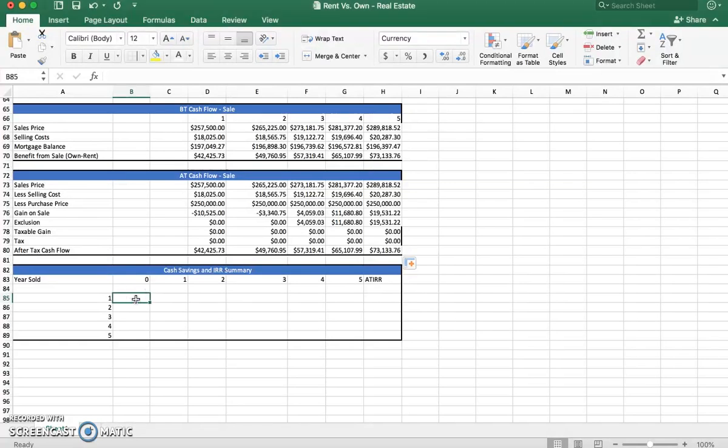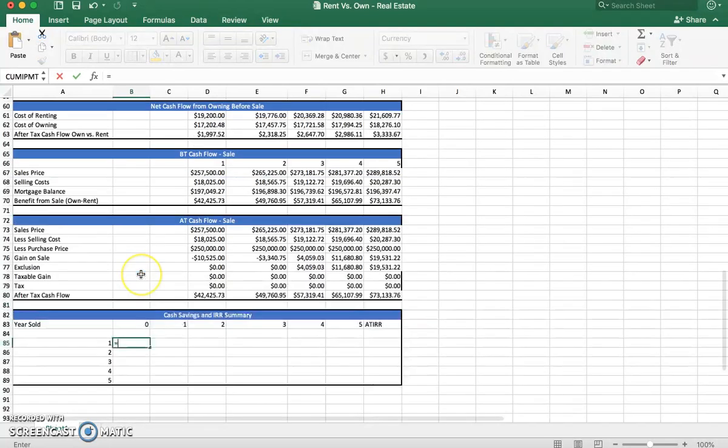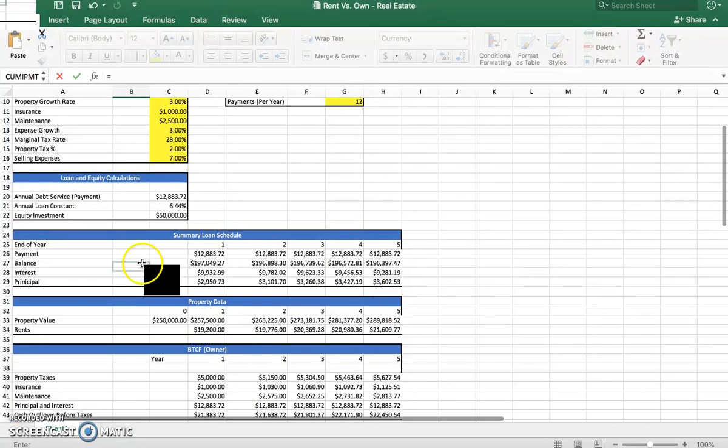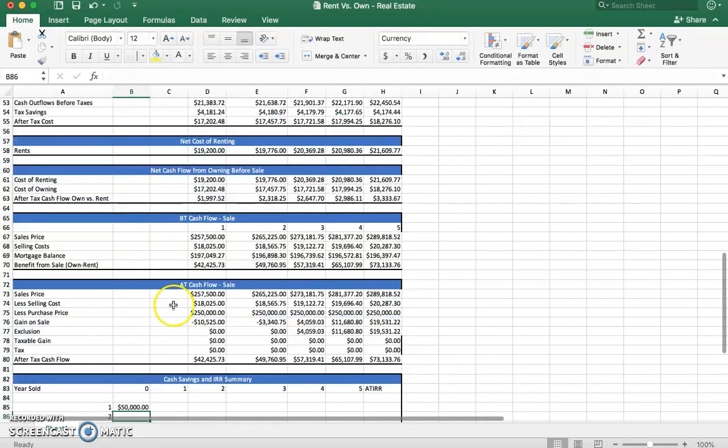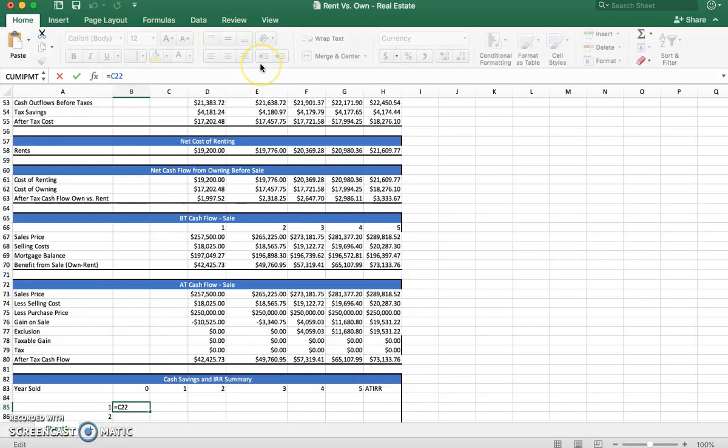For year 0, we're going to need the equity investment from the loan and equity calculations. So let's go up here. It's going to be the equity investment right here, $50,000. So we're going to enter that. I'm actually going to lock it so we can pull it down for every successive year sold.